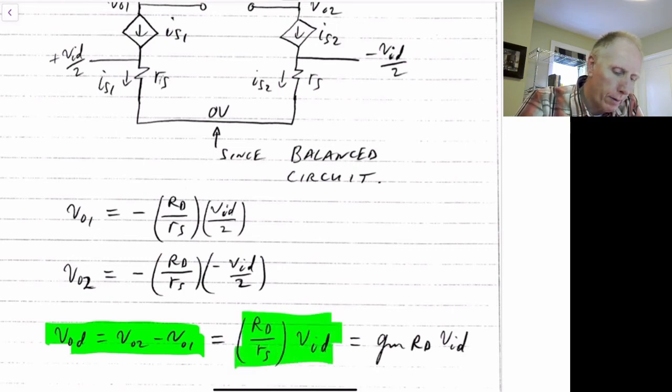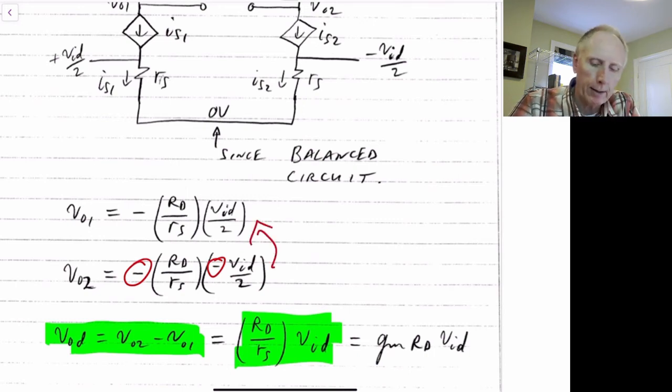Actually, I guess subtracting it the other way, sorry. Subtracting, it's VO2 minus VO1, but there's a negative sign here and here that makes this into a positive value, and then we're subtracting VO1 here. So the overall gain becomes GM1 RD times VID, which is the same result that we saw in the previous approach.